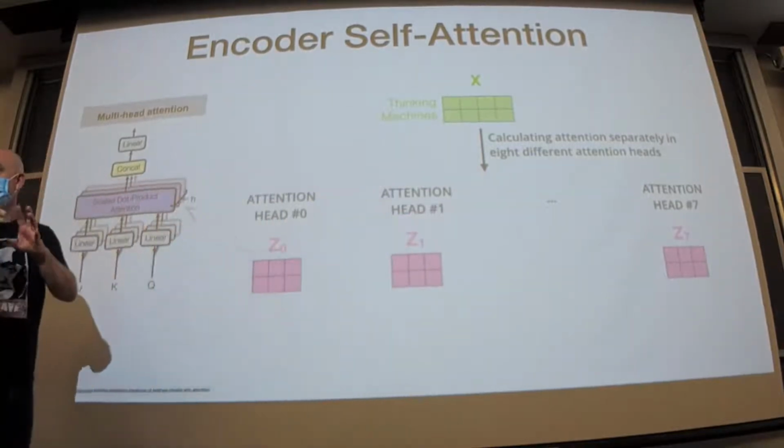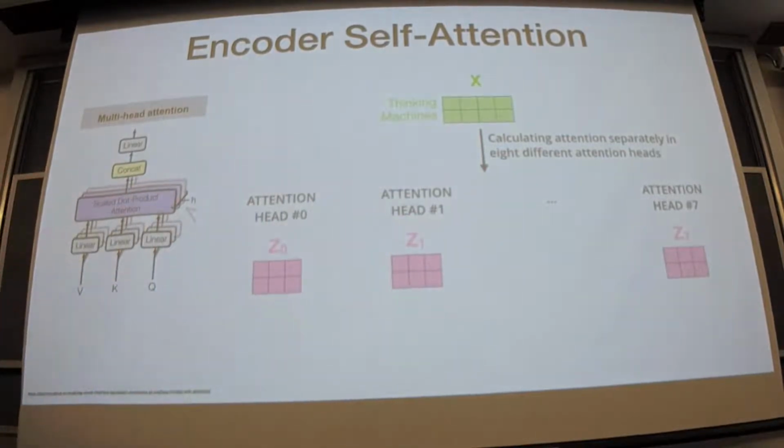So it changes what the queries, keys, and values are in each head. The analogy is a convolutional layer: you have multiple filters, each giving you a different transformation of the input, whether that was the original input or the activation map from before.